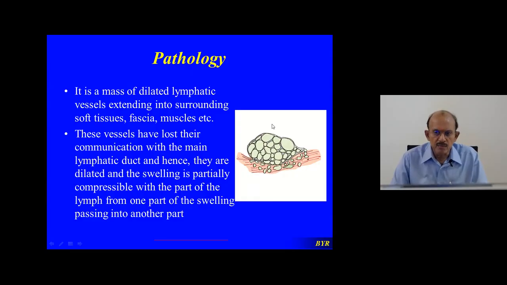If you press it, there will be slight compressibility, not complete compressibility. Why? Because when you press it here, the lymphatic vessels having lymph are communicating with the other lymphatic vessels by the side, so part of it empties into those lymphatics and they appear compressed.